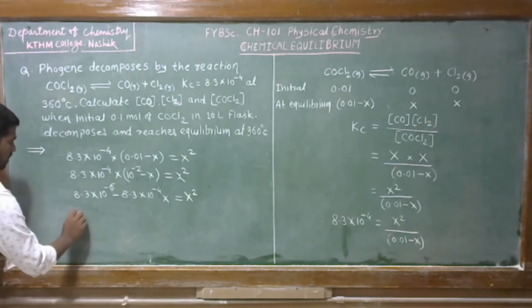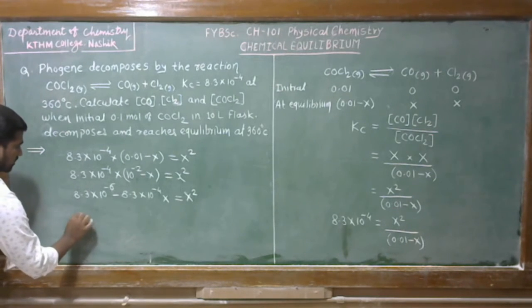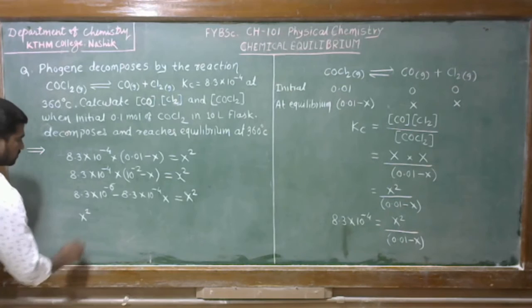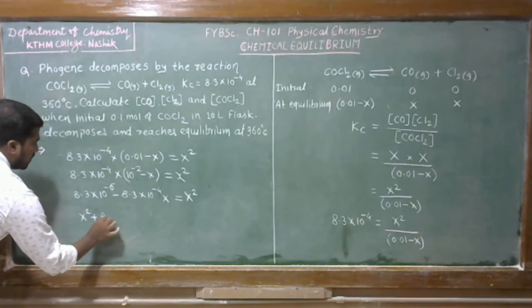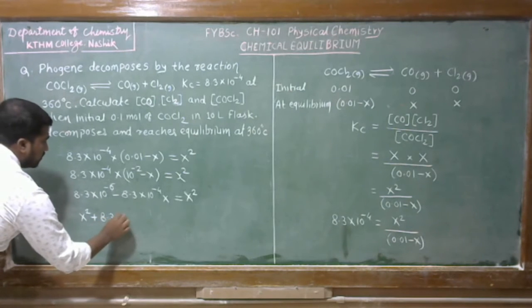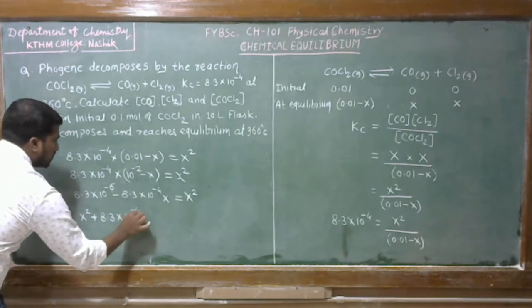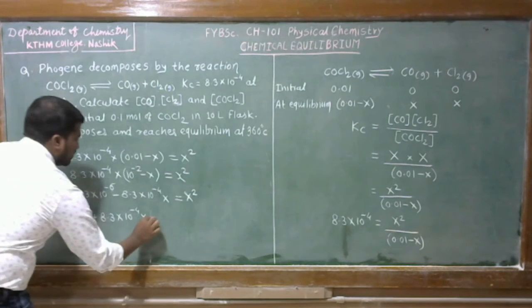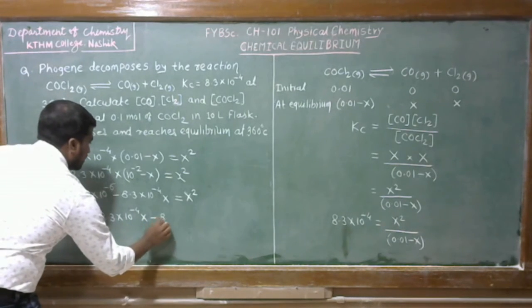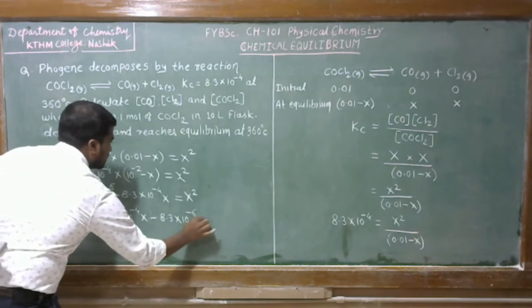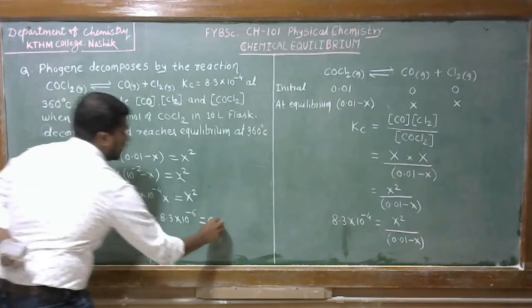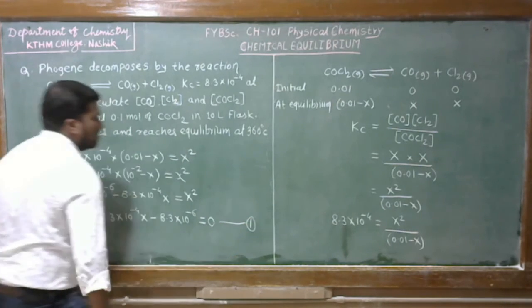Then we can write X square plus 8.3 into 10 raised to power minus 4 X minus 8.3 into 10 raised to power minus 5 is equal to 0. So this is equation number 1.